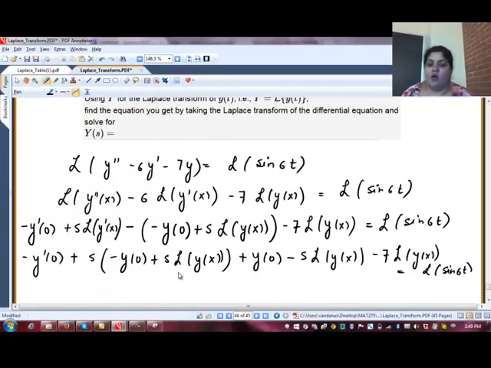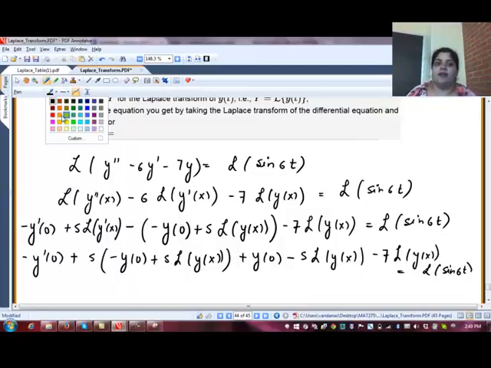I will collect all the terms which are containing Laplace transform of y(x). So if I do that, then this is one term, this is another term, and that's the last term.